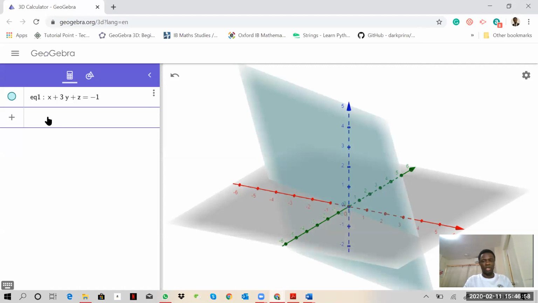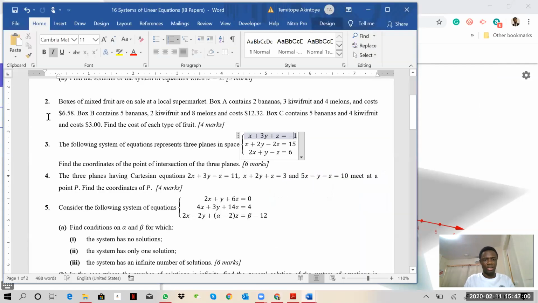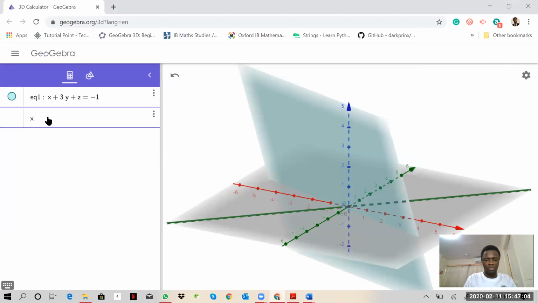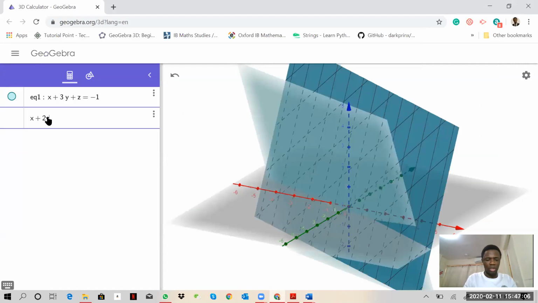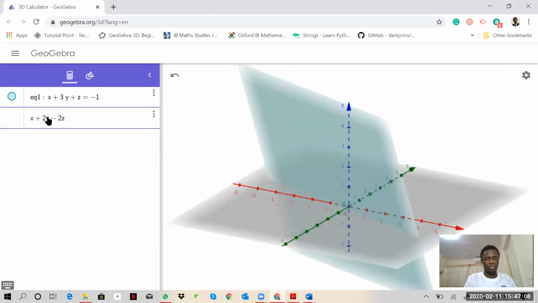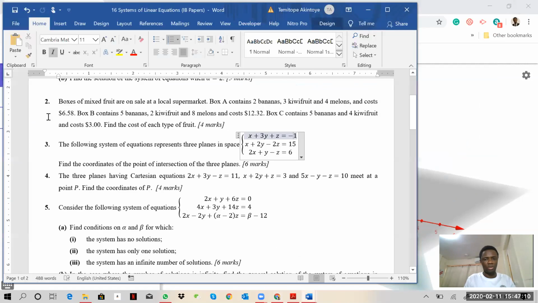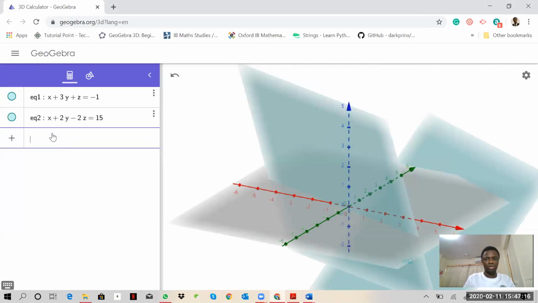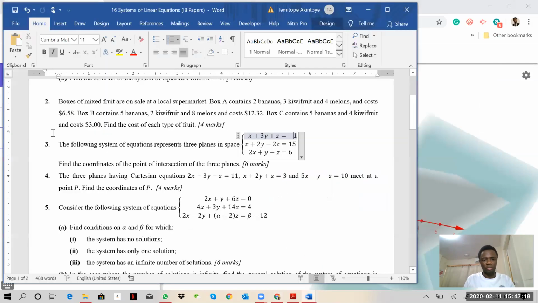So we put the next one, okay? The next one is x plus 2y minus 2z equals 15. Okay, once you go to tab or you just click on the next input, it automatically plots that for you.